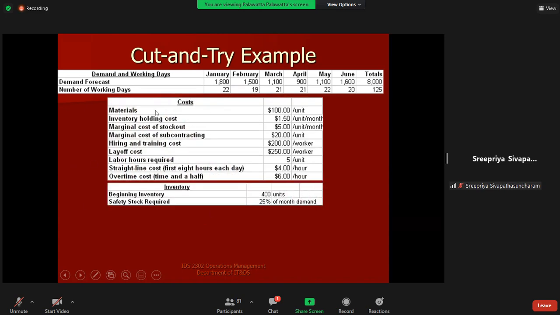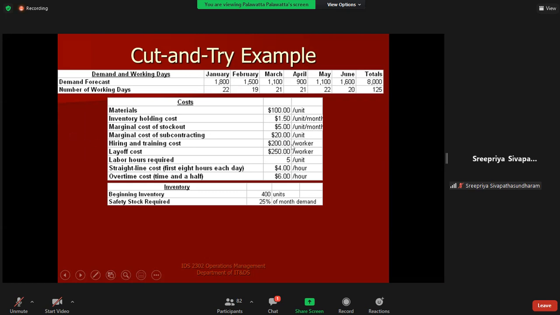Other data, material cost is $100 per unit. Inventory holding cost is $1.50 per unit per month. Okay, so inventory cost is time related, right? And then marginal cost of stock out is $5 per unit per month. Marginal cost of subcontracting $20 per unit.